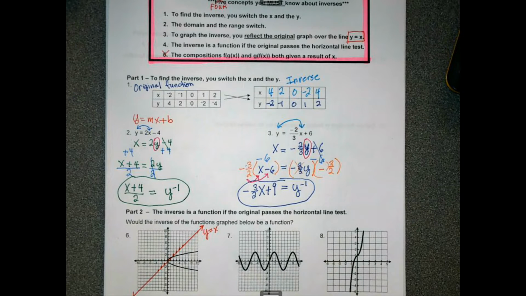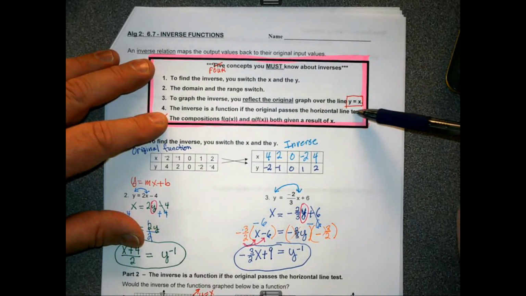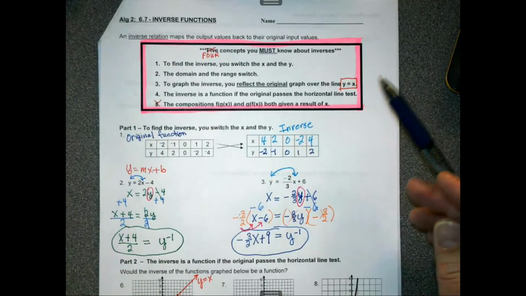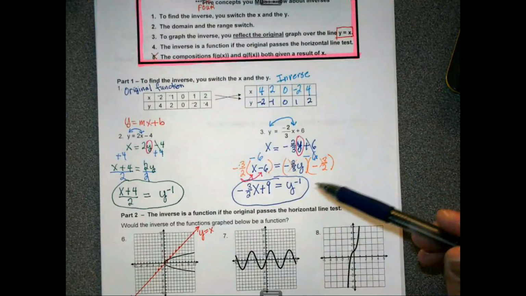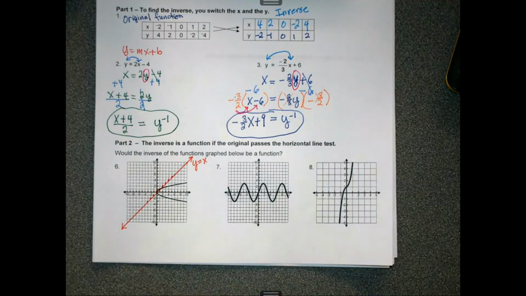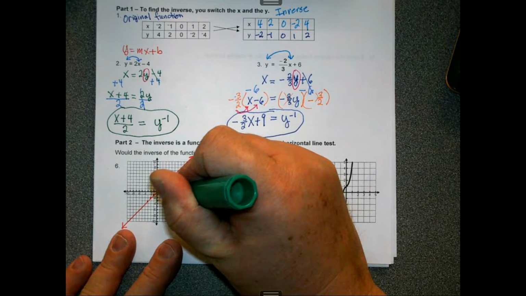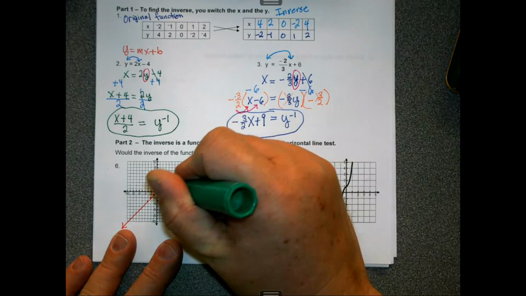Okay. Let's do this whole thing. The inverse is a function if the original passes the horizontal line test. And again, it's kind of wordy and kind of hard to explain, so let's visualize it. So here's my original graph. By the way, is my original graph a function?